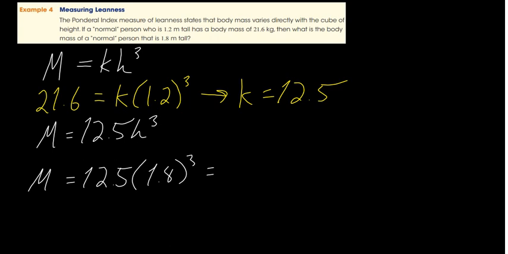So that's going to be 1.8 cubed times 12.5, 72.9. Okay, and that should be the mass of somebody who is 1.8 meters tall. That's 72.9 kilograms.